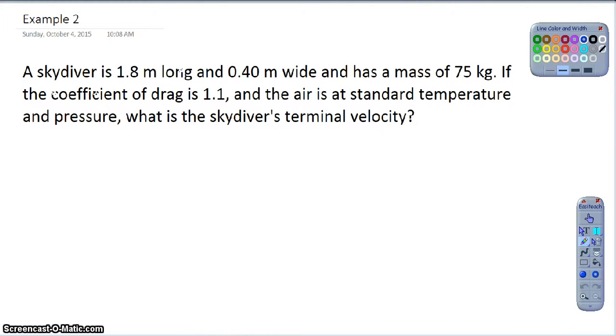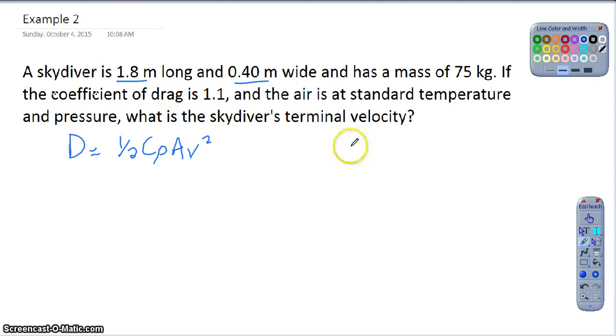Right, so this first example of part 2 really just goes back to my drag force equation. So again, my drag force I know is 1/2 c rho, my surface area, and then velocity squared. So for a skydiver, they're giving us the dimensions. We will assume that the skydiver is basically a rectangle that's falling.